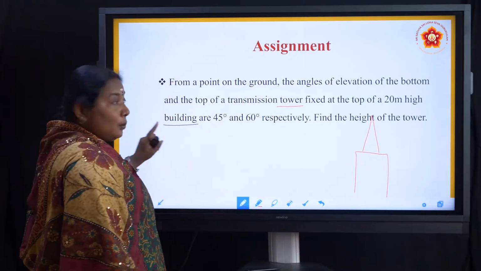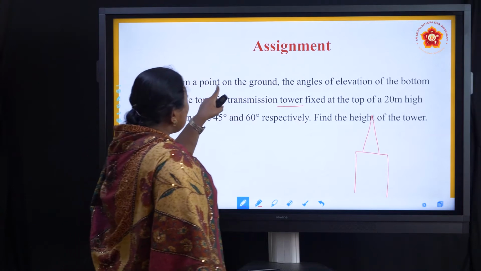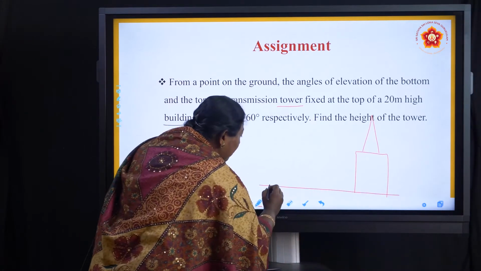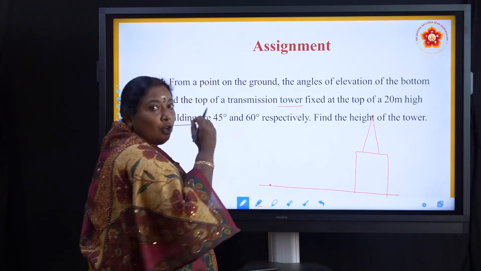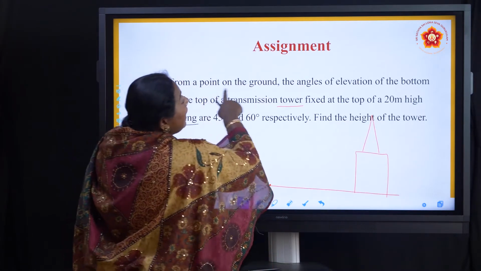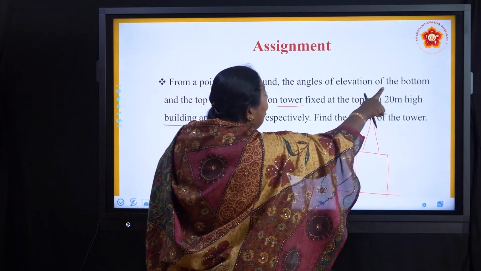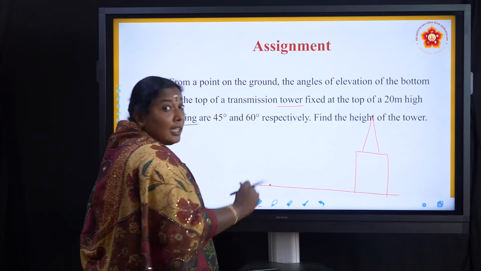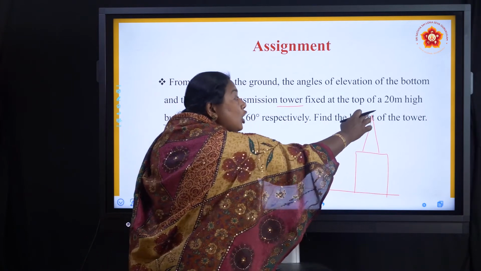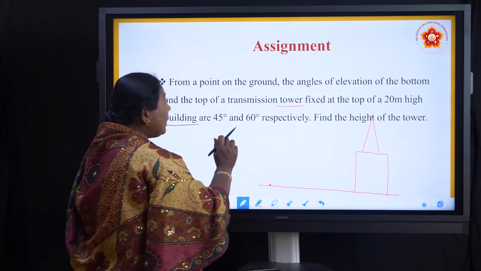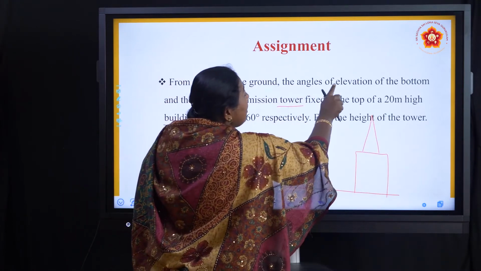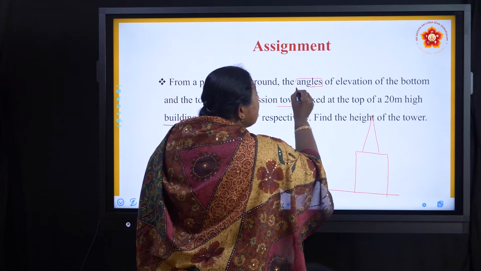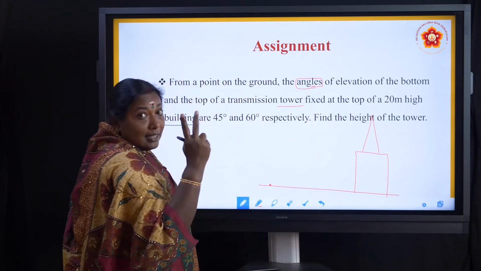Let us read the question again. From a point on the ground, from that I am watching the angles of elevation of the bottom and top. That means I am watching the bottom of the tower and also the top of the tower. Here they have used angles, that means two angles are there.